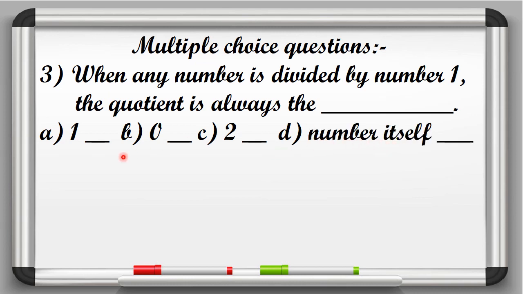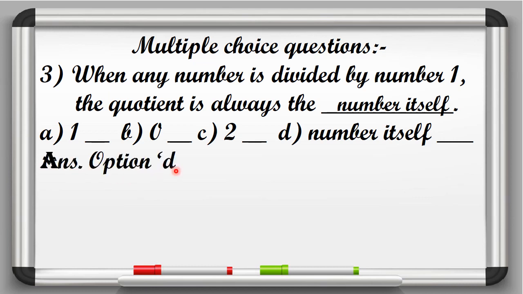So let's see बेटा, जब हम किसी नंबर को किससे डिवाइड कर रहे हैं? 1 से डिवाइड कर रहे हैं. Like suppose I have divided 5 by 1. So what is the answer? That is the number itself, means 5. Okay, so here we will write number itself. So option D is correct. Okay, option D is correct.